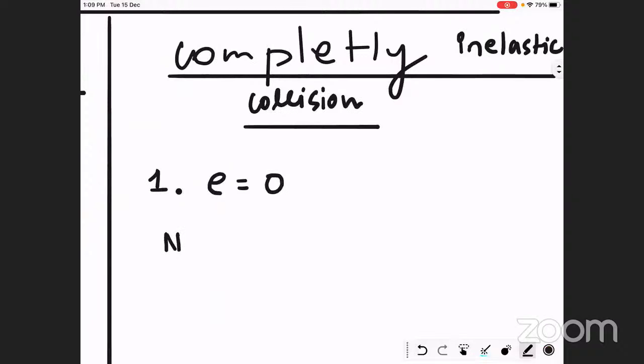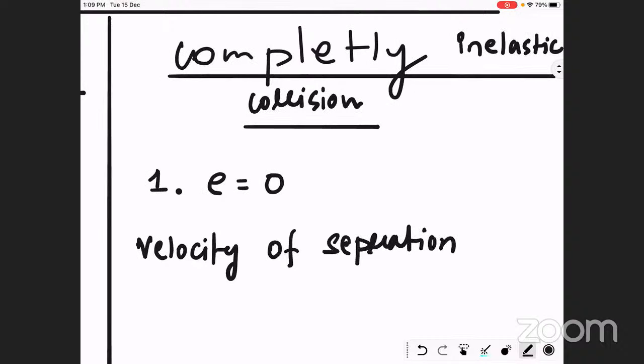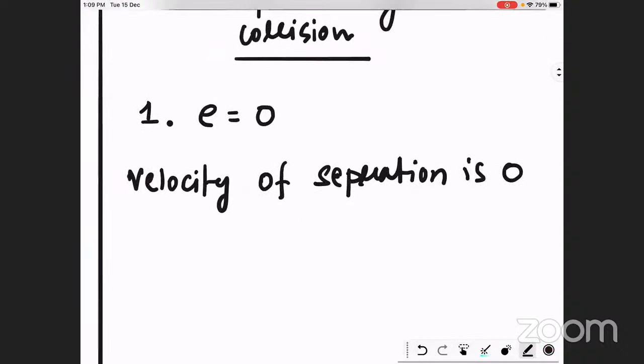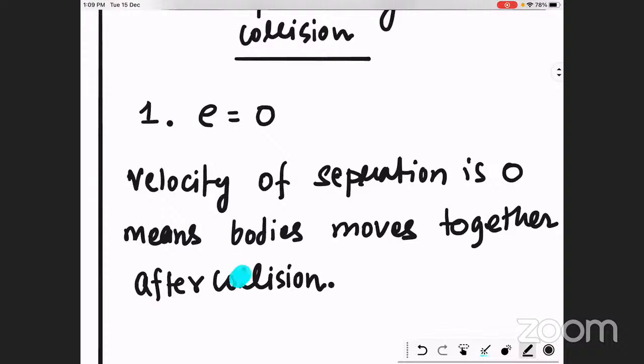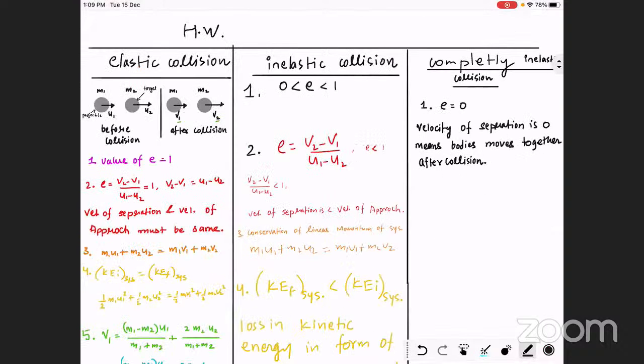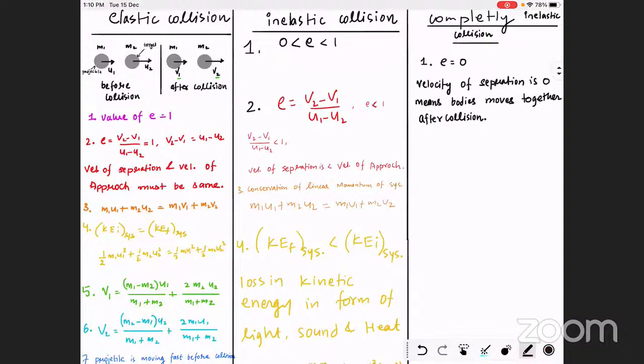So it means the velocity of separation is 0, means bodies move together after collision. Understood? The value of E is 0 means bodies move together after collision. They become a single body after collision.